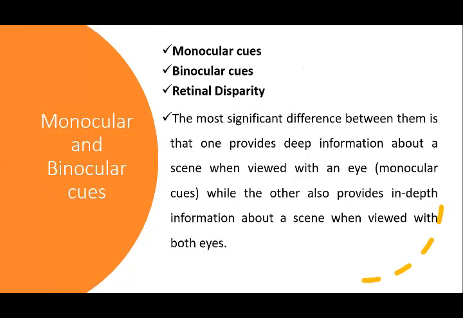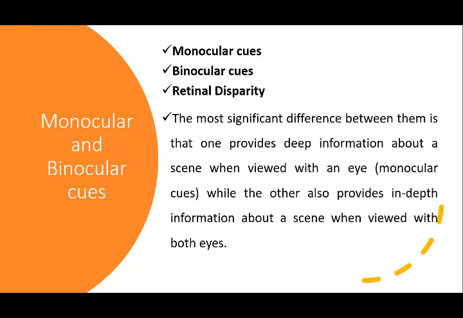Now, how does our brain perceive depth? There are two phenomena involved basically: monocular cues and binocular cues. For the moment, forget about this retinal disparity thing. First put focus on these two words. Monocular, as the name depicts, arises from one eye.